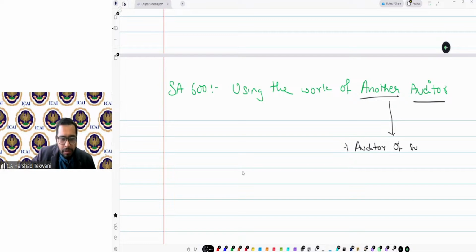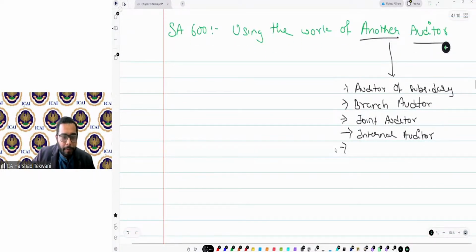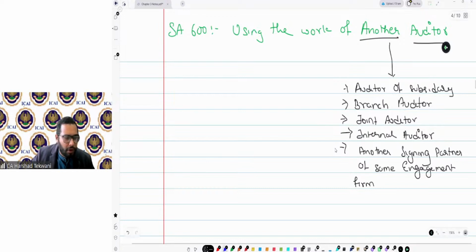Auditor of subsidiary, branch auditor, joint auditor, internal auditor, another signing partner of the same engagement firm or audit firm.